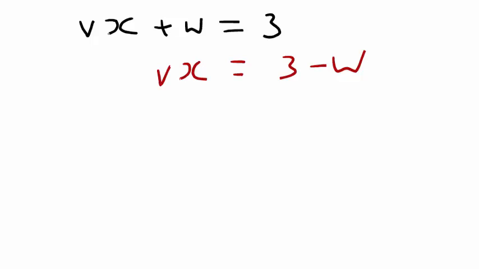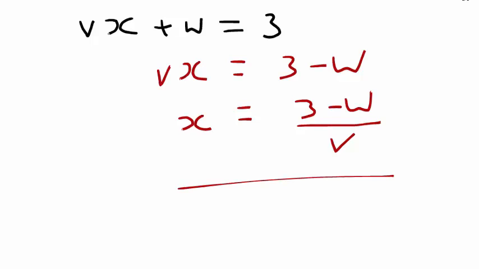Now to get the x on its own on the left-hand side, we need to divide by v, so that gives us x equals 3 minus w divided by v. And that's the answer to number 5.